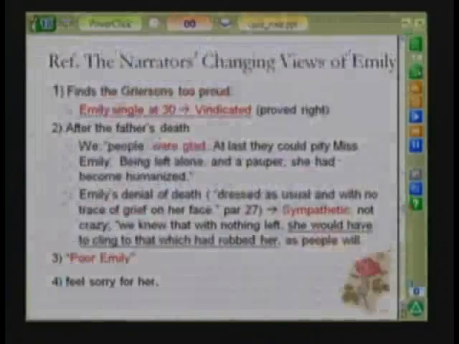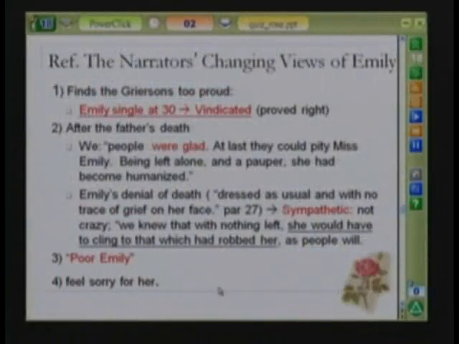Okay, let's move on. This is for your reference how the narrators keep changing their views about Emily. One thing very mysterious is the narrator's age. I think Faulkner really didn't specify it. So it should be just the dominant group of the time.